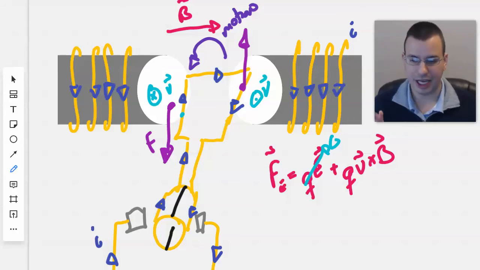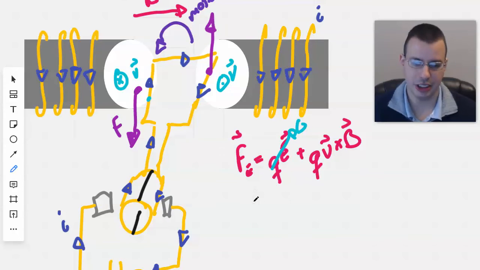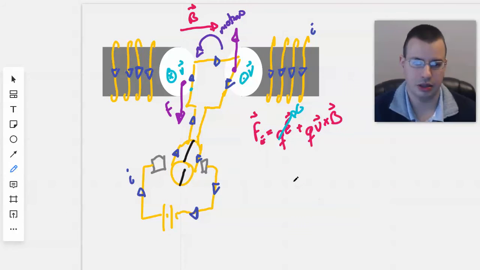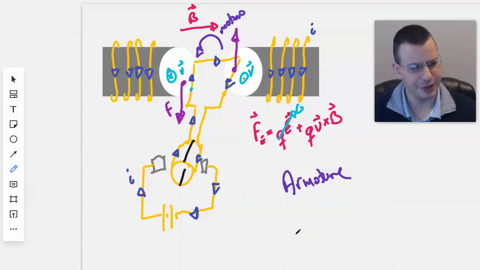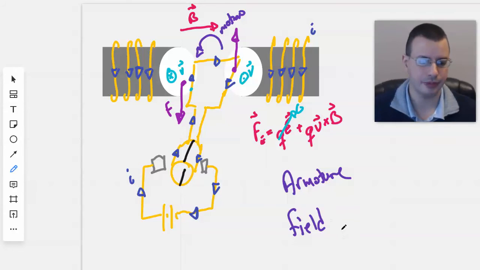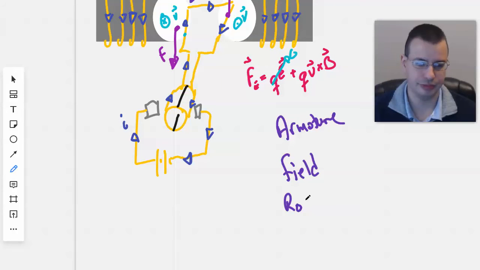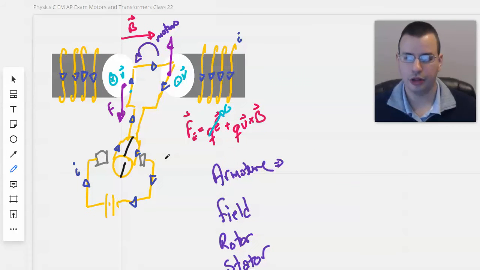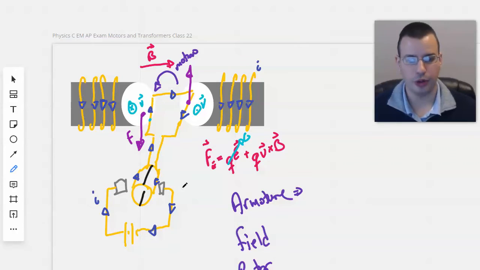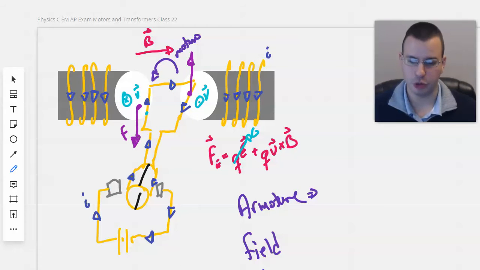Now, to look at some naming conventions real quick, there are four terms that you'll see from time to time: armature, field, rotor, and stator. The armature is where the current goes that produces the motion, at least in this case.